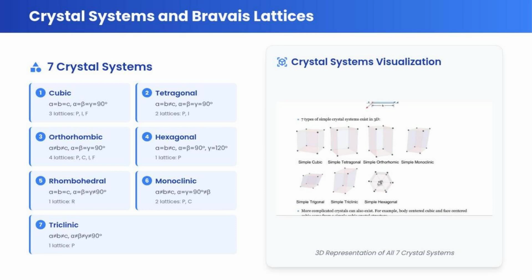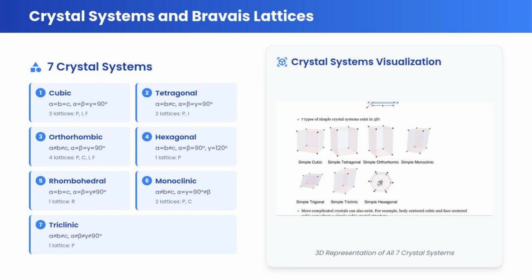Every crystal belongs to one of 7 systems. In the cubic system, all sides are equal and all angles are 90 degrees. Tetragonal structures have 2 equal sides, A and B, but a different length for C, while all angles remain 90 degrees. In orthorhombic systems, none of the sides are equal, but all angles are still 90 degrees.